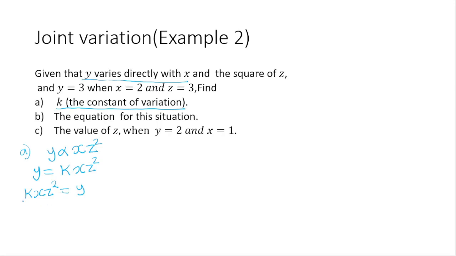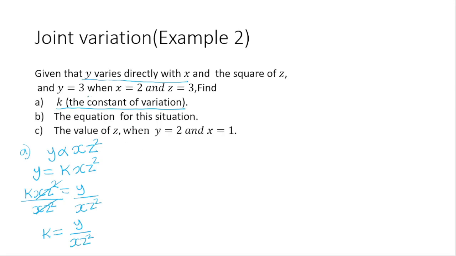So we are going to divide both sides by x z squared. The whole expression will cancel out. You have k is equal to y over x z squared.